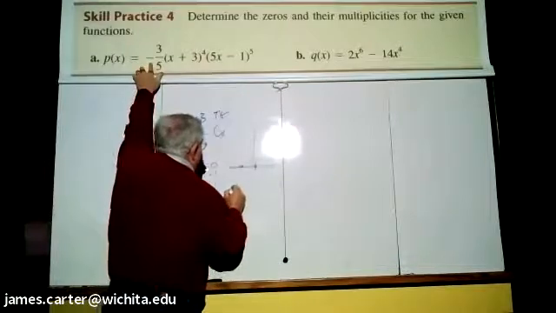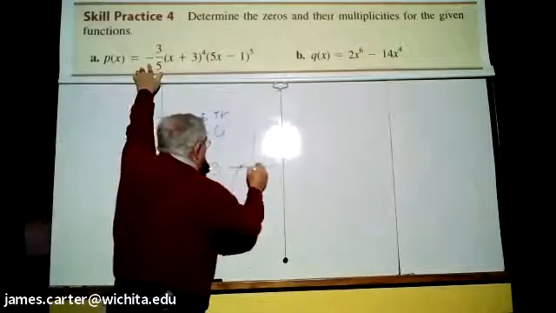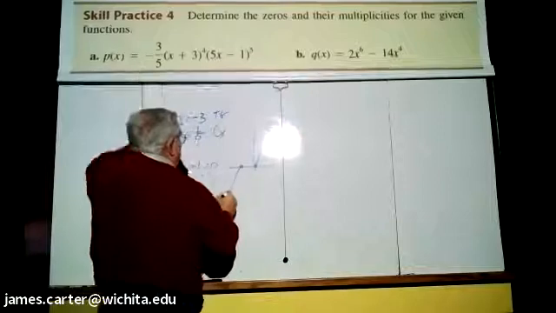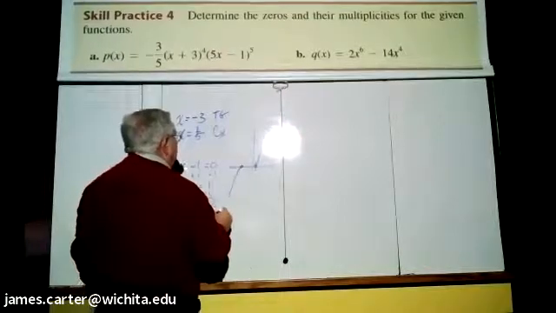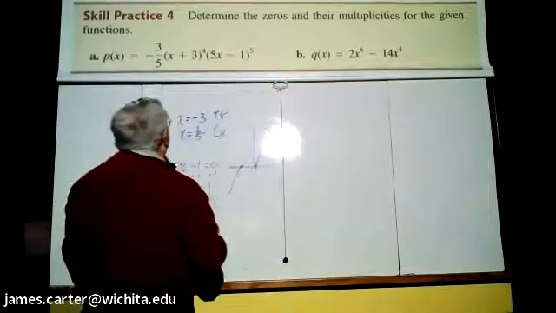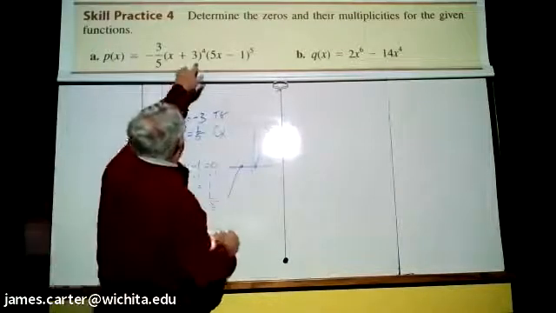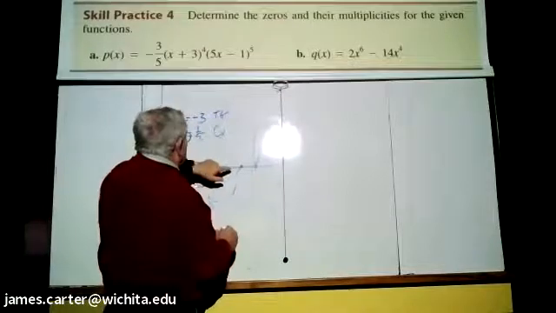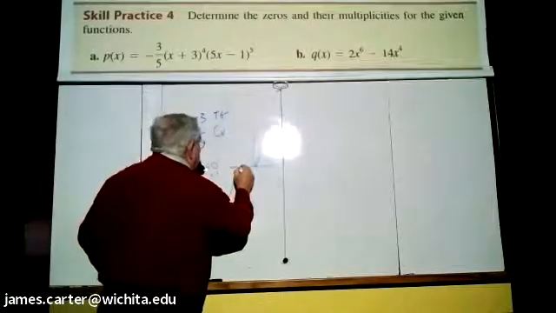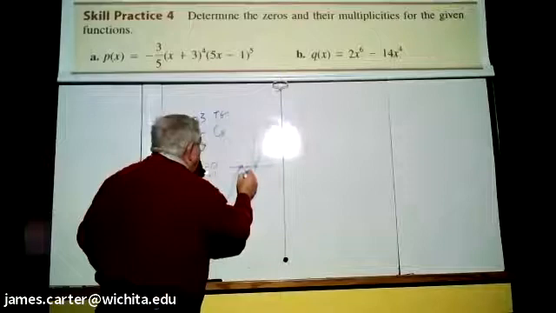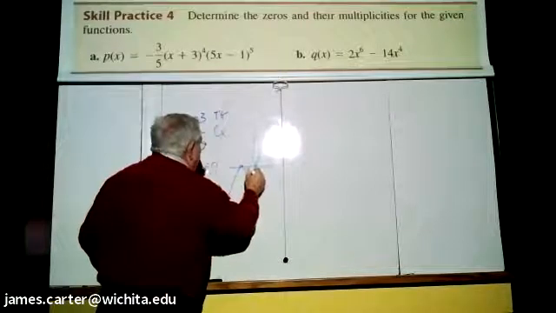So that means we've got to do this and end with that. So what are we going to end up with? Oh, this one is a touch and go, so that means this is going to come up here, turn around, and come up there.